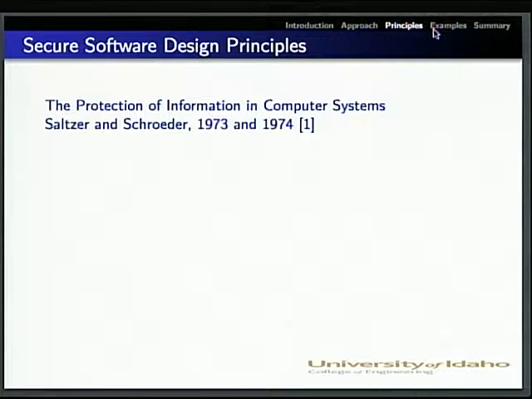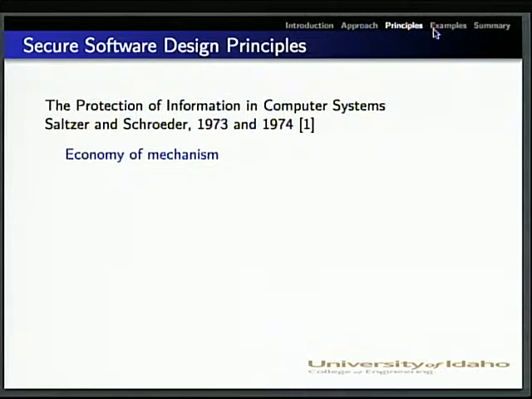It was such a successful paper that I believe the second time it got published in the ACM Communications. So this is about 40 years old, and these principles were originally developed thinking about the secure design of operating systems. But all of these design principles still apply today to most of the systems we develop.